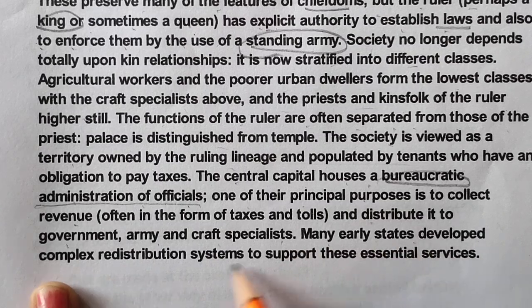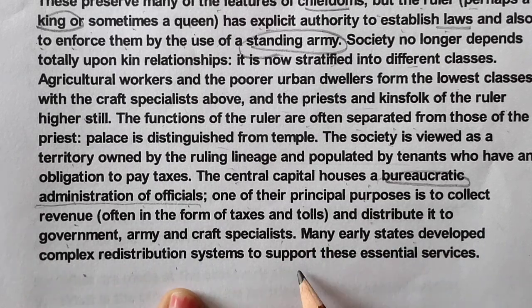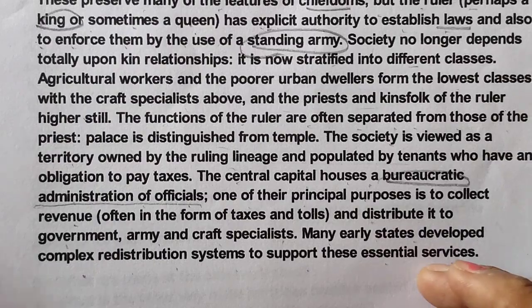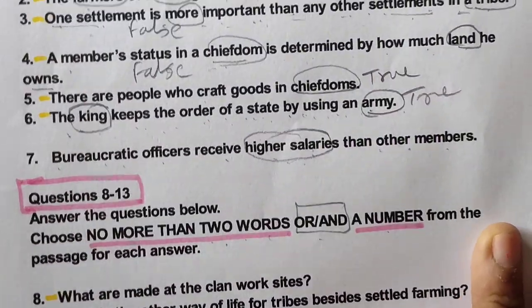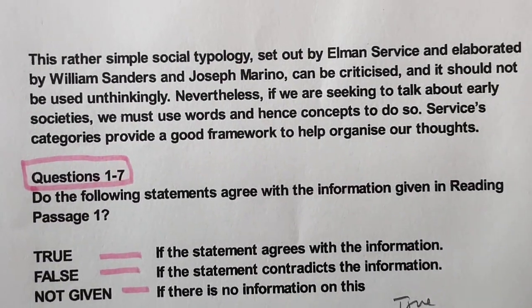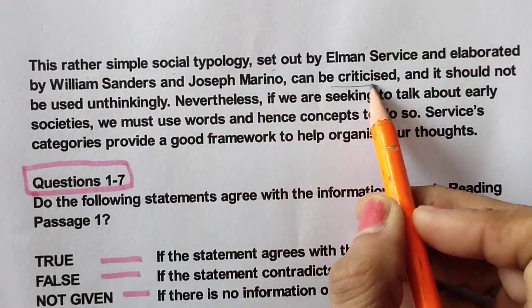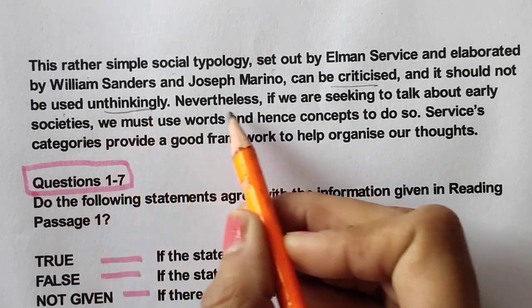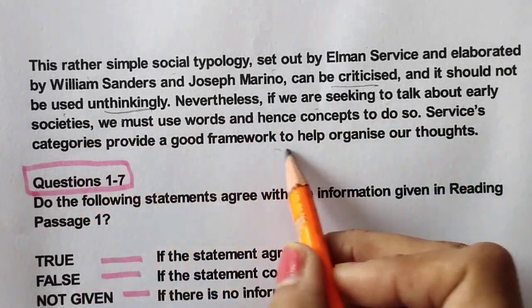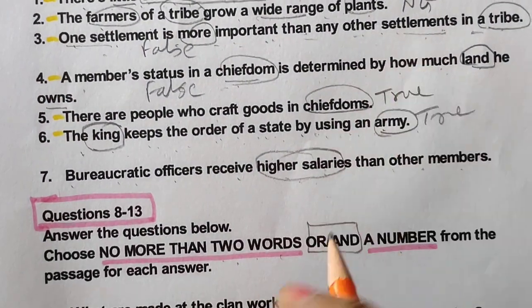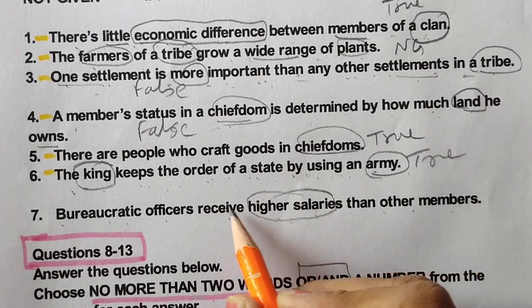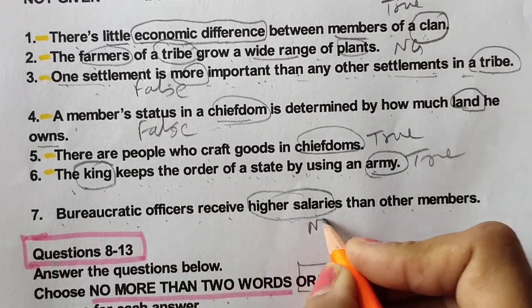Many early states developed complex redistribution systems to support these essential services. Some more lines are left, but here they are not talking about any kind of salaries given to these officers. So it means this is not given.